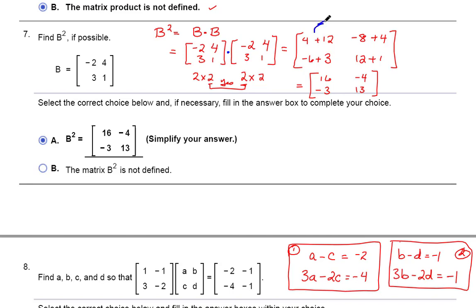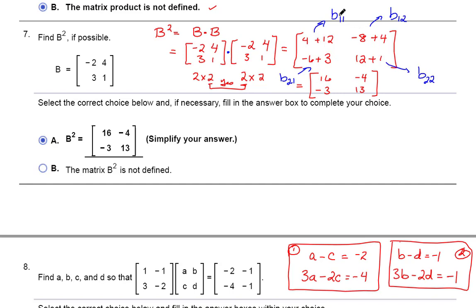This position is going to be B11. This position is B12. This position is B22. And this position is B21. And that tells you what to multiply together.